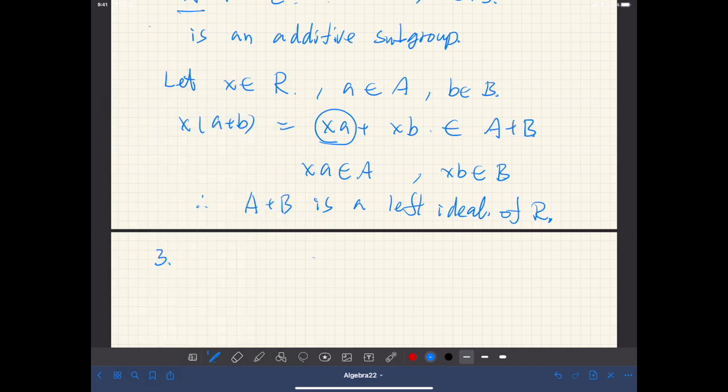I will just say it is obvious from part 1 and part 2. And we are done.